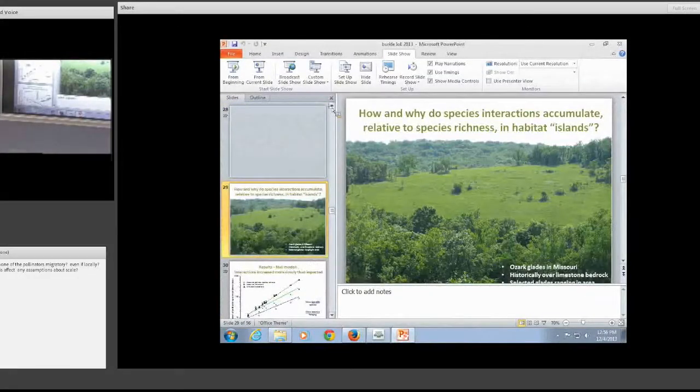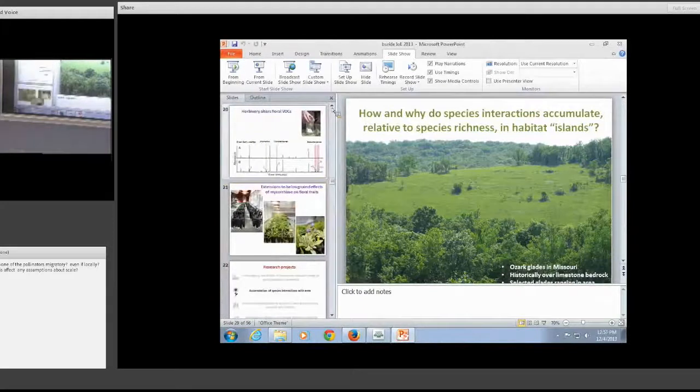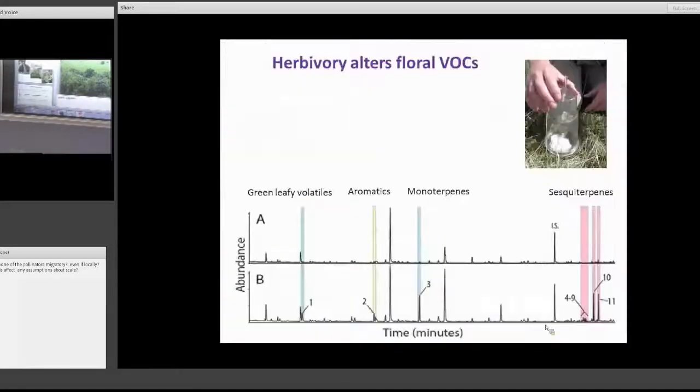Sort of typical of herbivory and the kinds of compounds that are induced in leaves when herbivory occurs. So the four different groups are common.